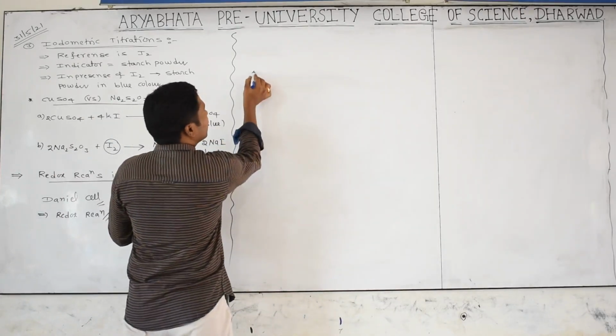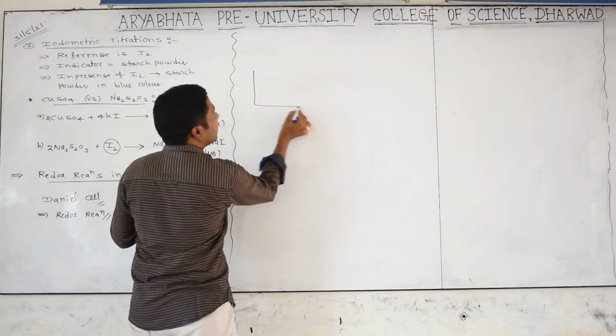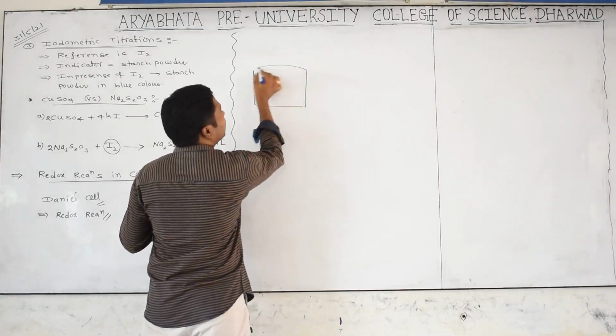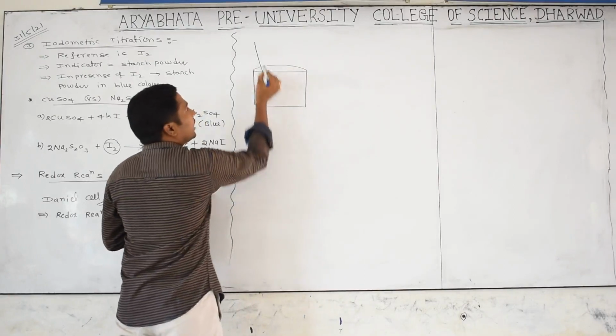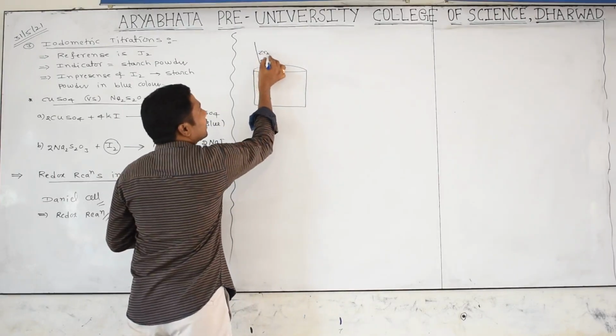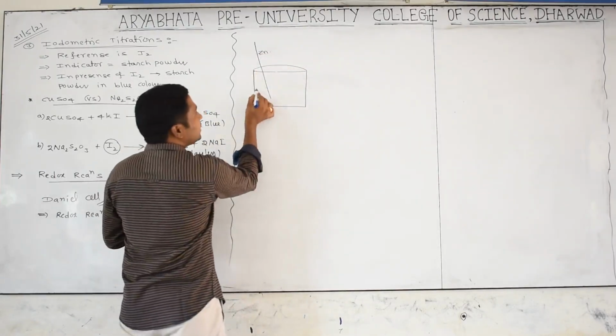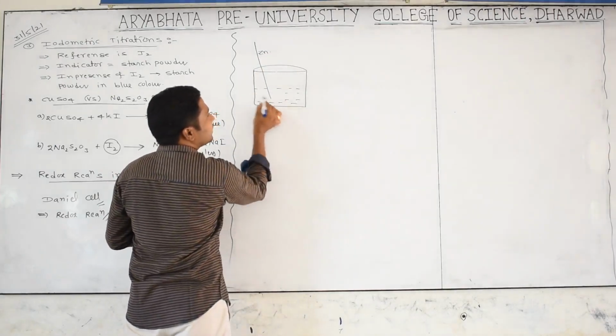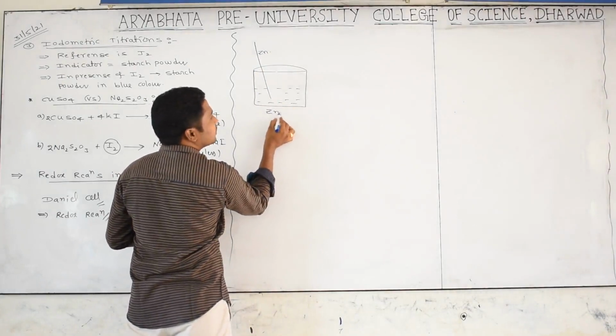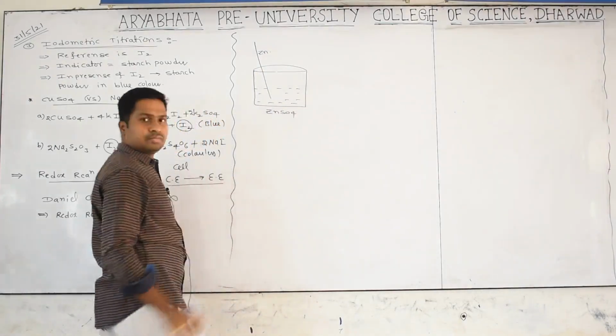First of all, we have to take one container. Listen to the concept carefully. In this container, I am taking a zinc rod dipped in its corresponding salt solution, ZnSO4 solution.